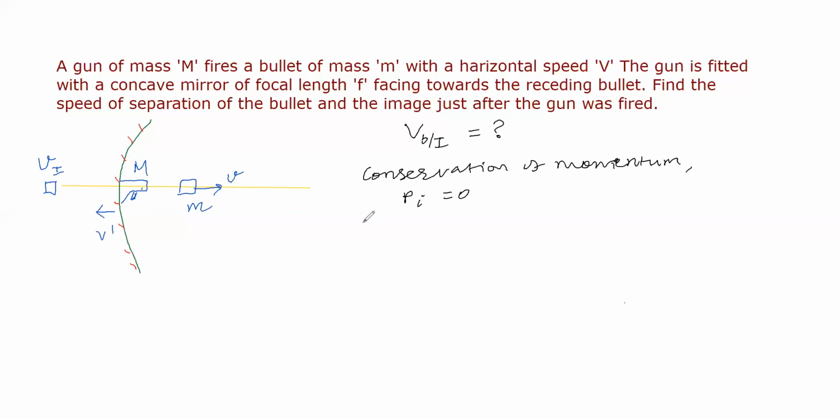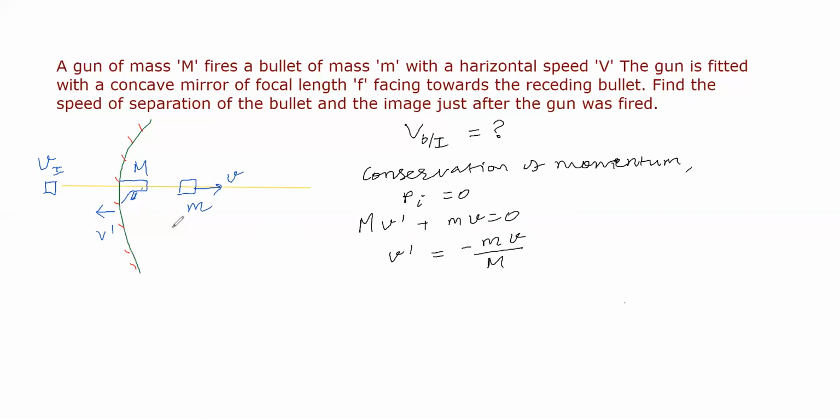Mass of the gun into velocity of the gun, taken as v dash, plus mass of the bullet into velocity of the bullet is equal to 0. From this, velocity of the gun is equal to minus m into v divided by capital M. Here minus indicates that the gun moves in the opposite direction to the bullet motion.